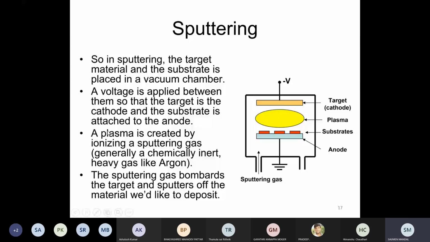Plasma is created by ionizing a sputtering gas, which means some inert gas needs to be purged into the chamber, generally a chemically inert heavy gas like argon. Then the sputtering gas bombards the target and sputters off the material we would like to deposit.